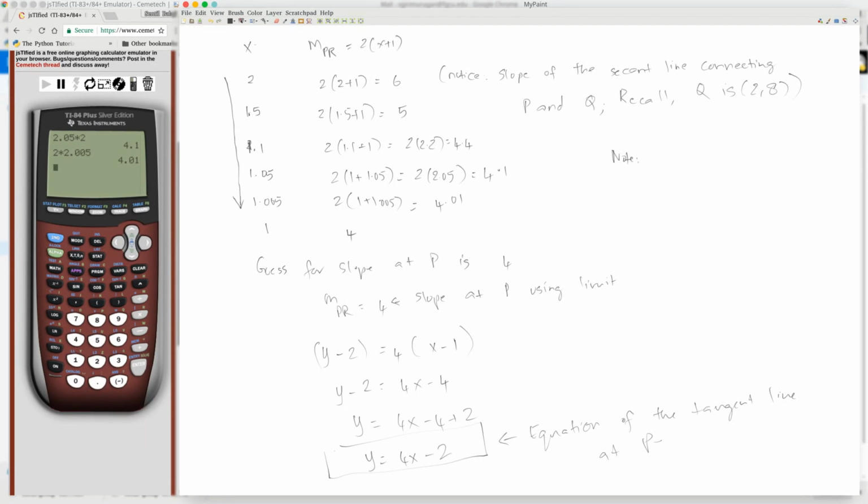So the note here is the limit of slopes of secant lines is the slope of the tangent line. That is the takeaway from this particular application.